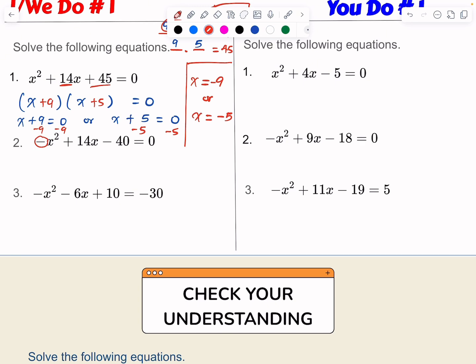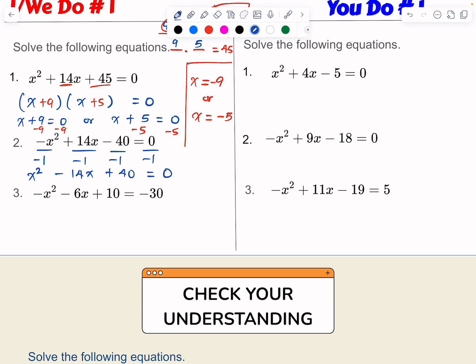The answer is yes. So what I need to do to that negative is divide everything by negative 1, or multiply everything by negative 1. If you have done that, what are you going to get? You're going to have x squared minus 14x plus 40 is equal to 0.